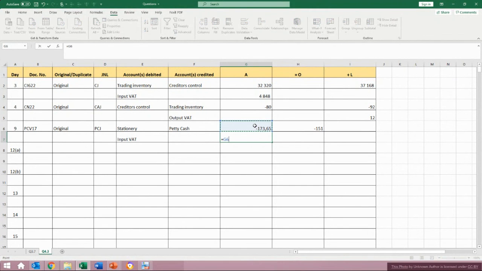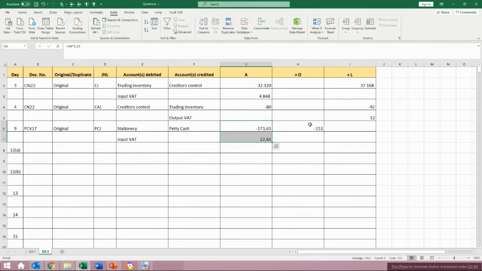So we take, okay, let's just make it a negative 151, and the input that we will receive is 22,65. And if we highlight those two together, you should get a net effect of a negative 151, which is exactly the same as what's on the right-hand side.